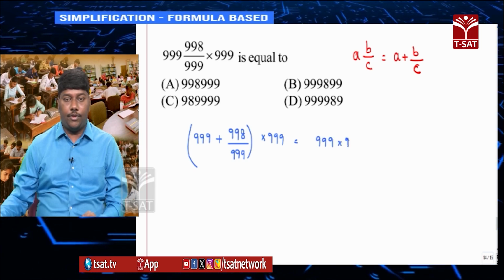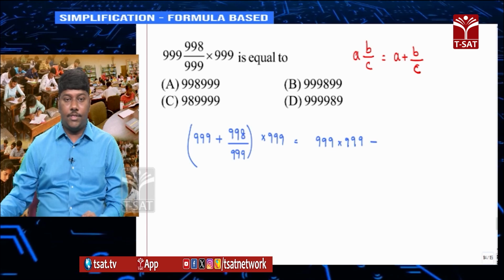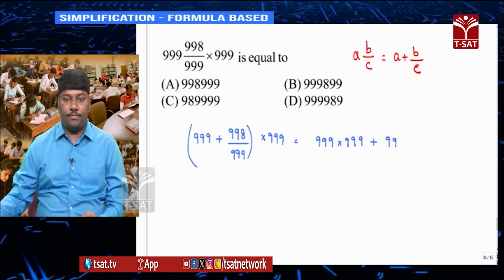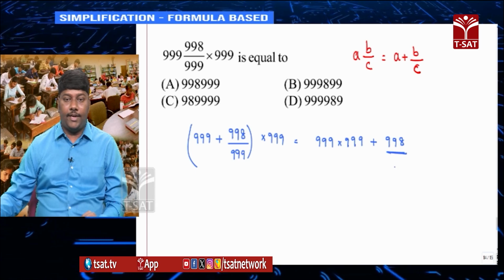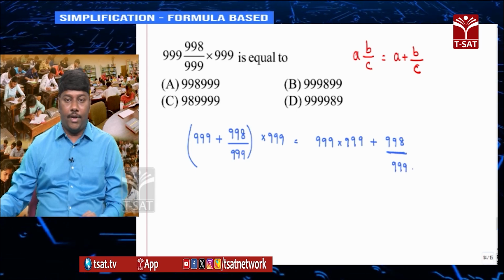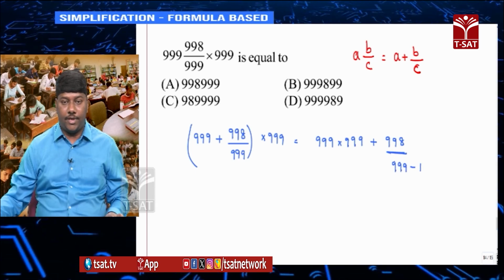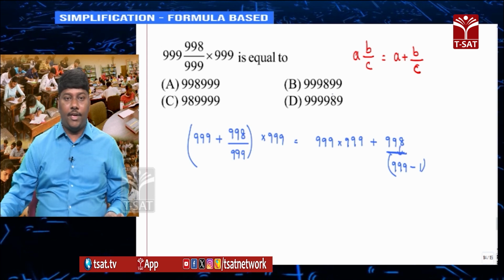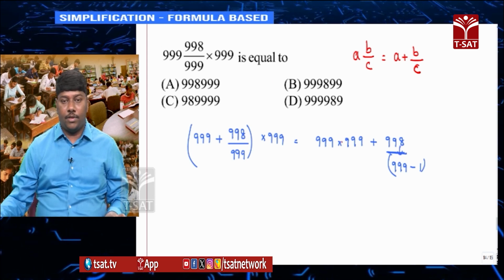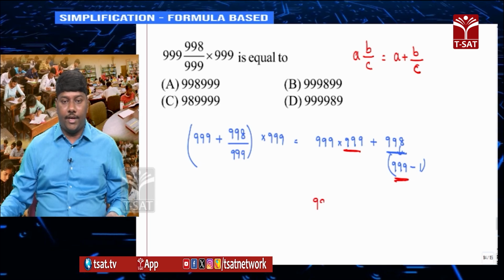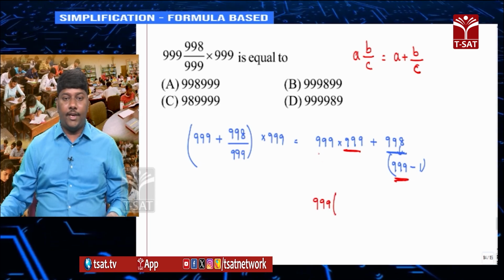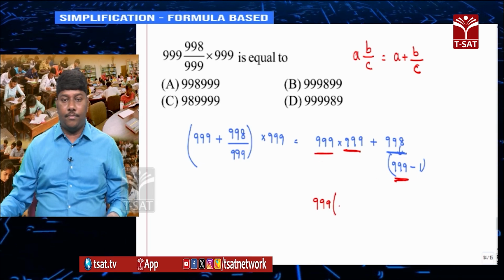It will be 999 into 999 plus 998. Can write it as 999 minus 1, this particular one. Common 999 from this and this. If I take common 999, so you are going to get 999 plus 1, that's 1000.